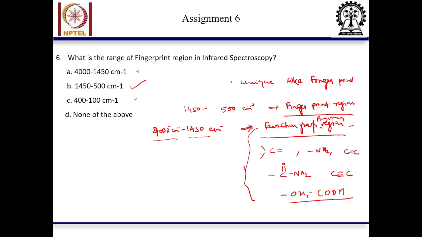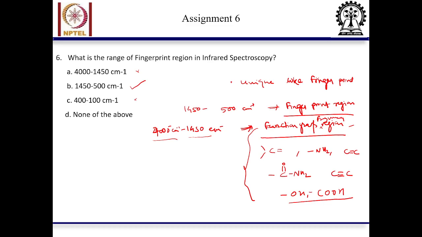Okay, is it now clear what the fingerprint region is and what the group frequency or functional group region is? Shweta and Soundarya. Okay, thank you.